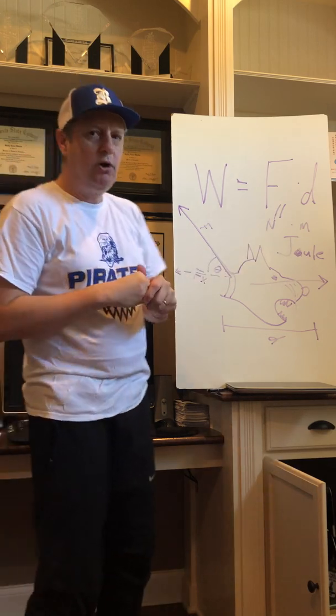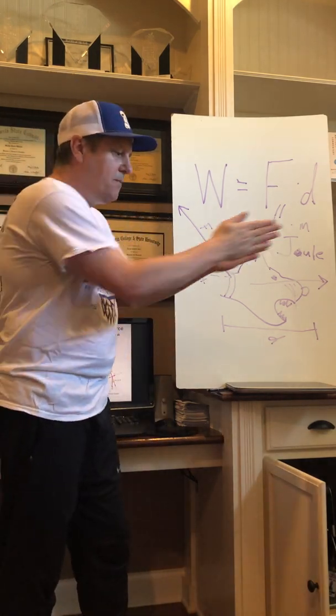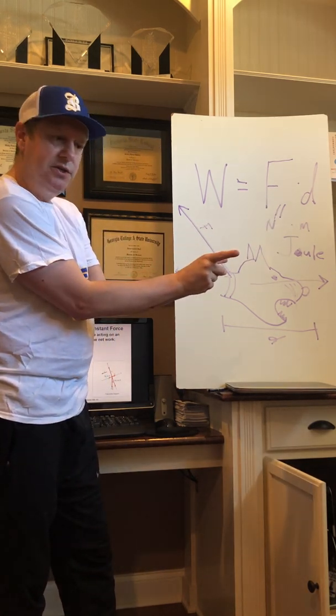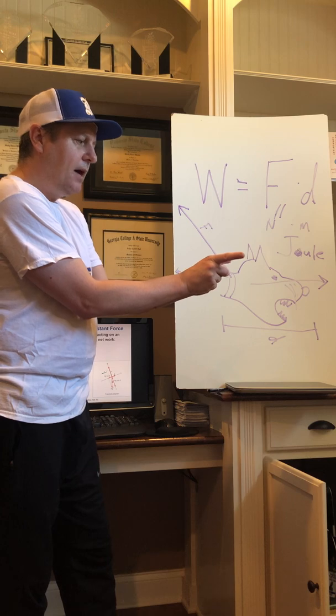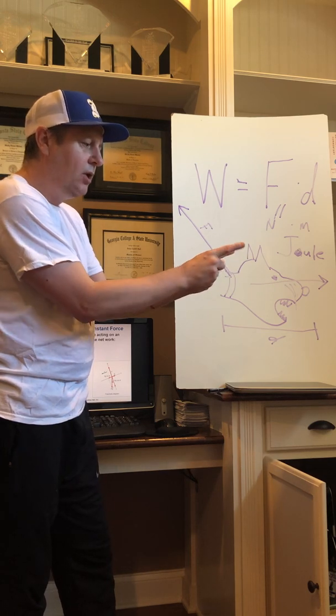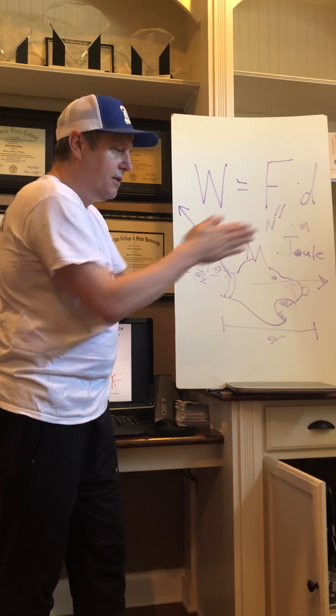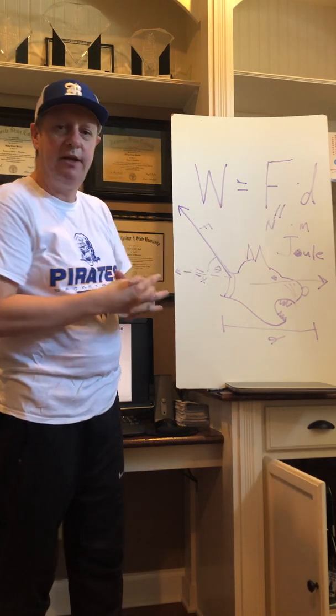So really all you have to do is find the component of that force on the tensions in the ropes. If it's a 45-degree angle, it will be the cosine of 45 times the tension, and those are the components of the force that are pulling it forward.